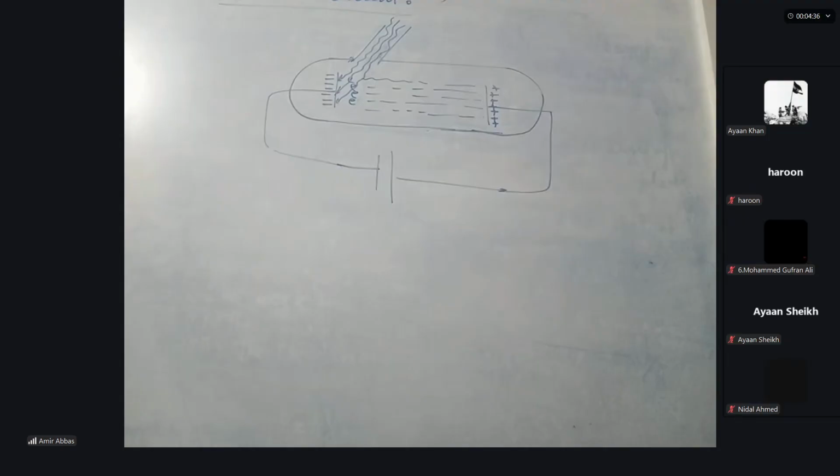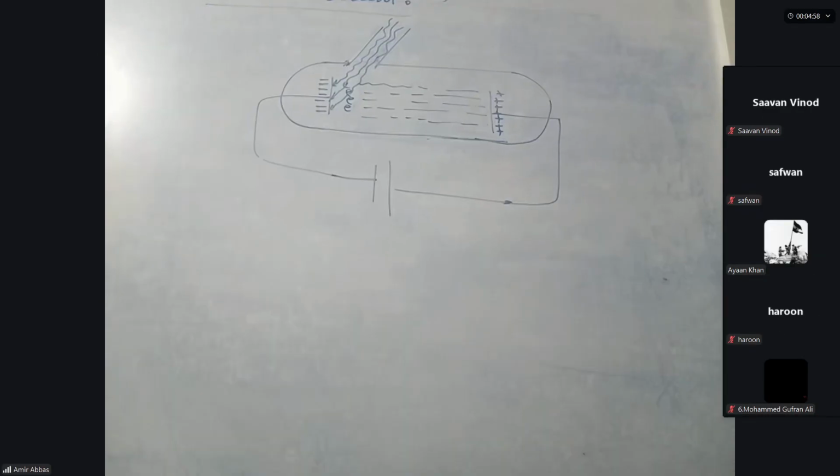At a certain time, the flow of these electrons was the maximum current, which is called saturation. Have you got that?